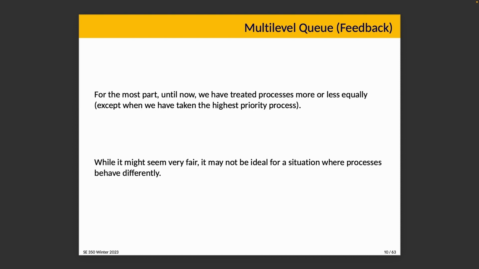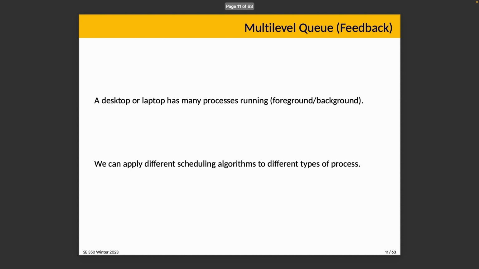We might want to apply different algorithms to different kinds of process. And having a multi-level queue gives us something like that, where we can say, all right, well, if it's in this kind of queue, we will schedule it this way. If it is in a different queue, we will schedule it a different way. And that sort of thing will help us to achieve all of the goals of the system, even if sometimes that means user processes are prioritized or deprioritized, depending on what makes sense.